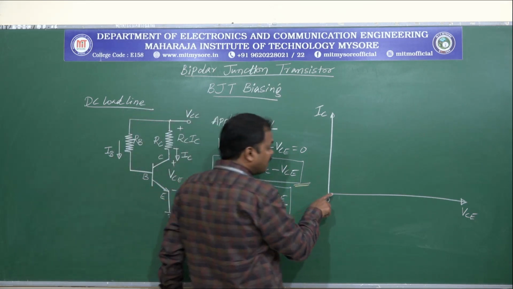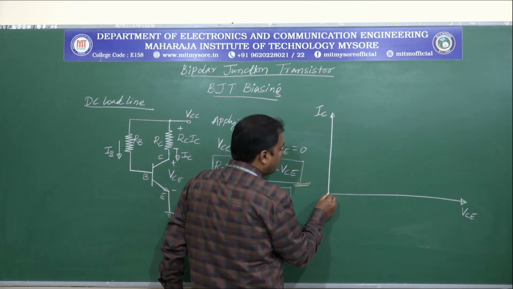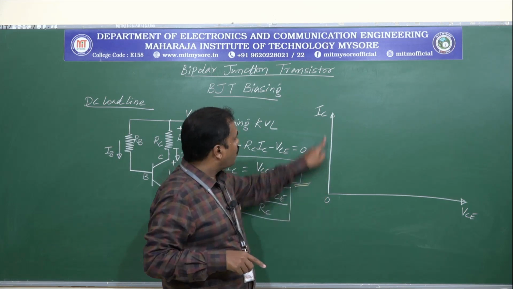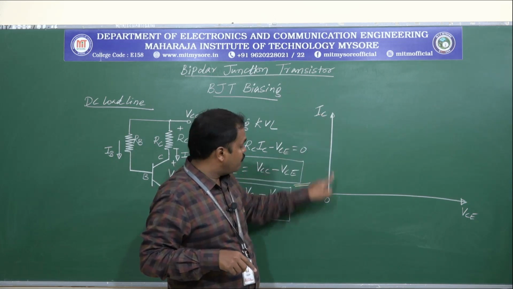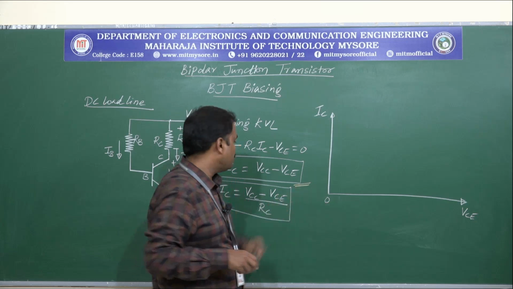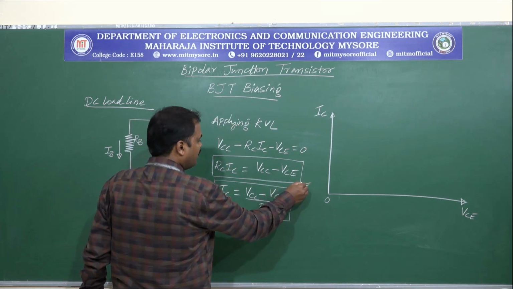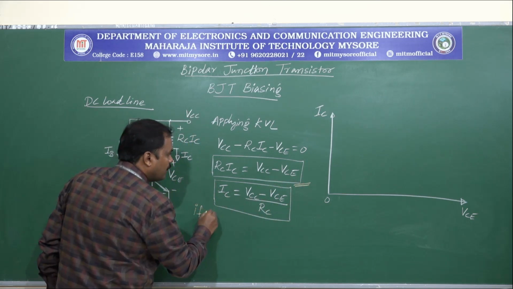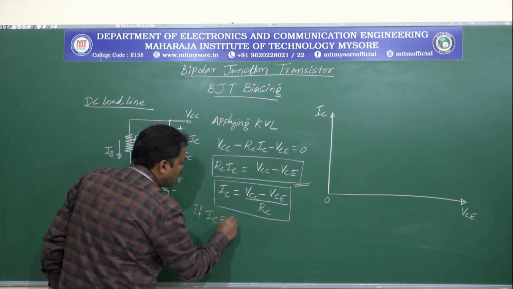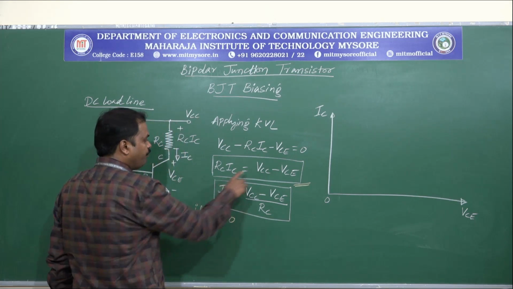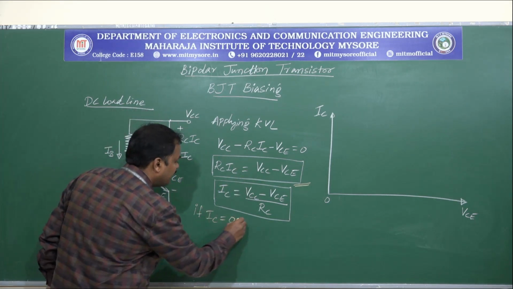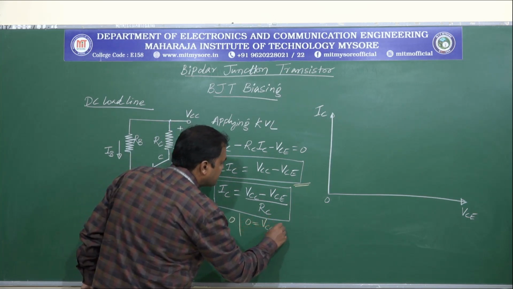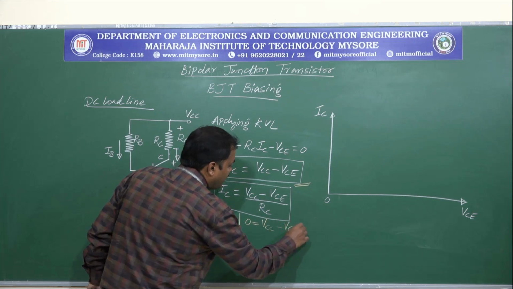Now to get the coordinate on VCE, we consider IC to be 0. In the same way, to get a coordinate point on IC, we should make VCE equal to 0. So let us do that in this equation. If IC is made 0 here, then we have 0 equals VCC minus VCE.